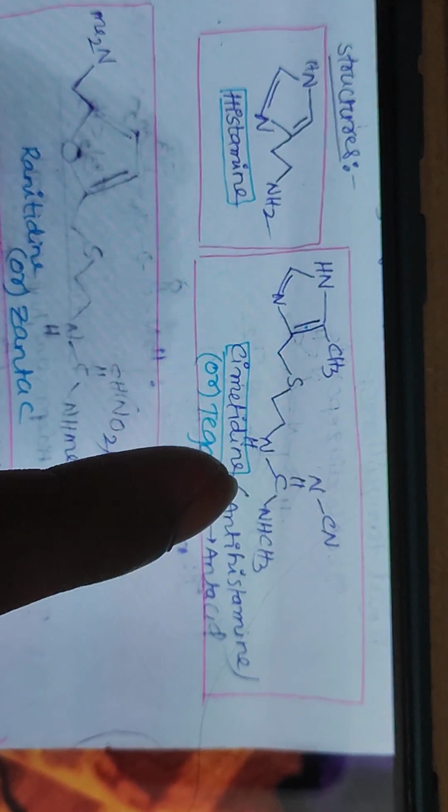Next, if you observe cimetidine or Tagamet, the structure is the same, but here sulfur is there and also nitrogen, CN, NHCH3. This is the structure for cimetidine.